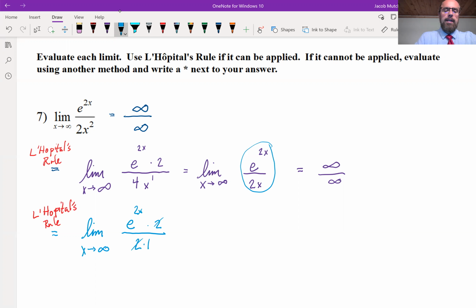And those 2's are going to cancel. So this really reduces down to the limit as x approaches infinity of e to the power of 2x. And that clearly is not an indeterminate form anymore. If I were to do direct substitution and put infinity in the power, base to the power of infinity is infinity. And that completes the limit.